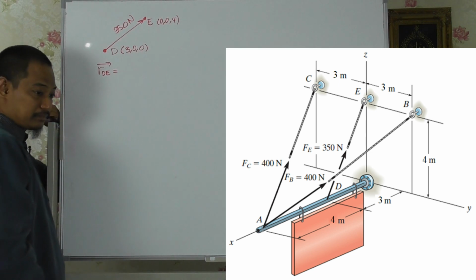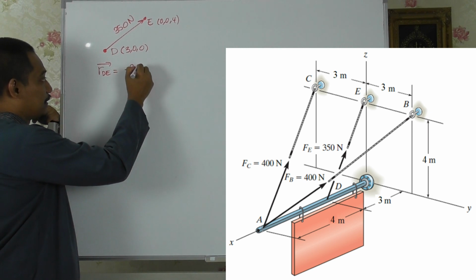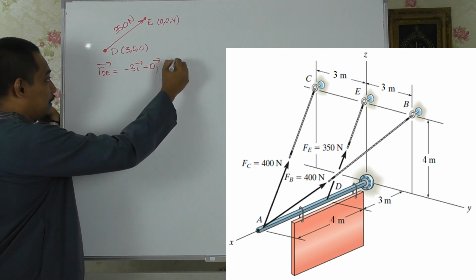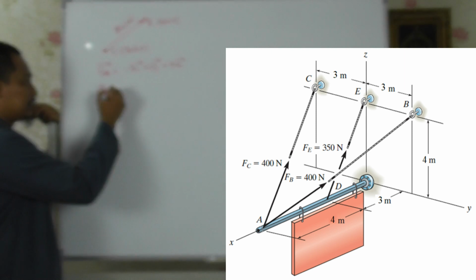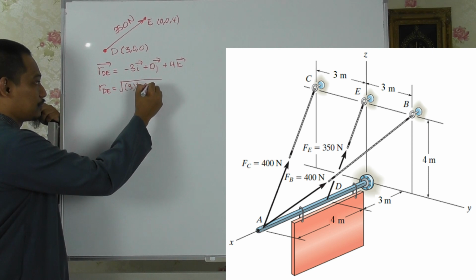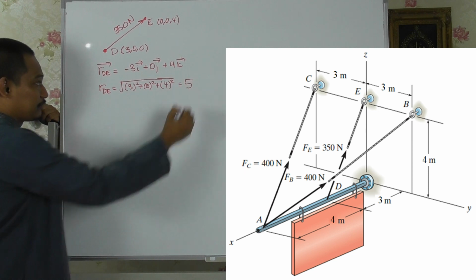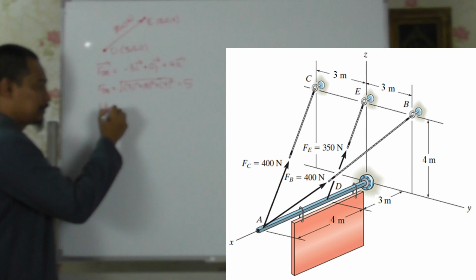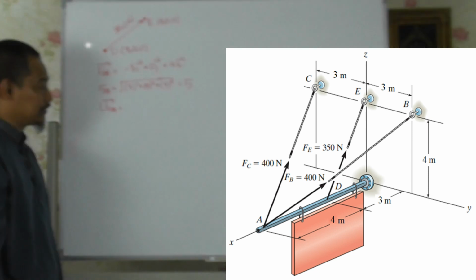So RDE is coordinate E minus coordinate D, so minus 3I plus 0J plus 4K meter, right? And the magnitude RDE is the square root of 3 squared plus 0 squared plus 4 squared, equal to 5. And then UDE is just the vector RDE divided by the magnitude RDE.